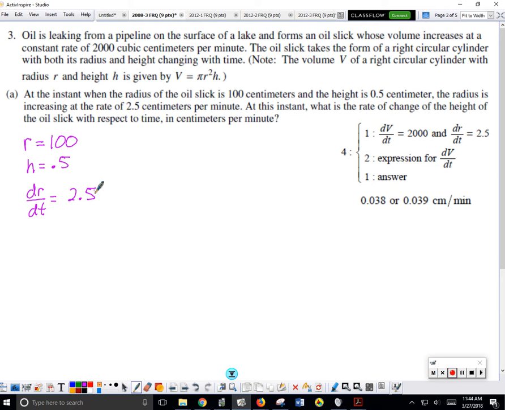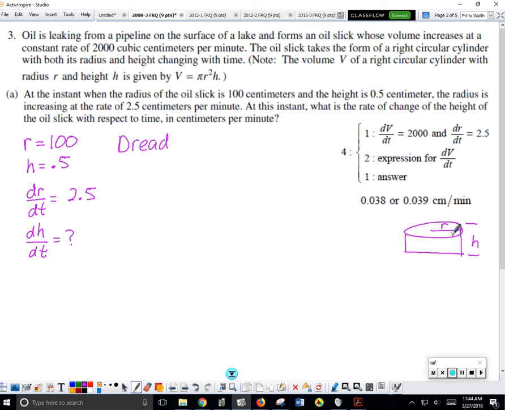At this instant, what is the rate of change of the height? Okay, so seeing that they gave me one rate and they want another, it's a related rate problem. That's what I suspect, so I'm going to go down that path. I'm supposed to draw a picture. Well, that was the cylinder, height and radius.